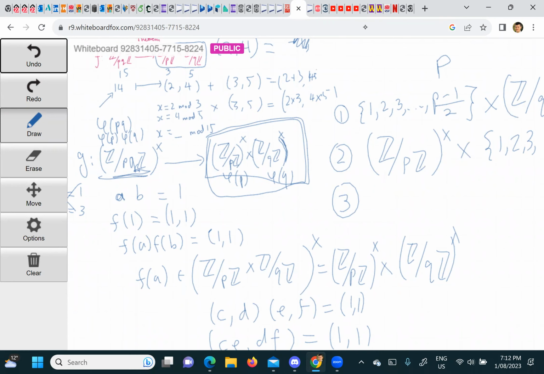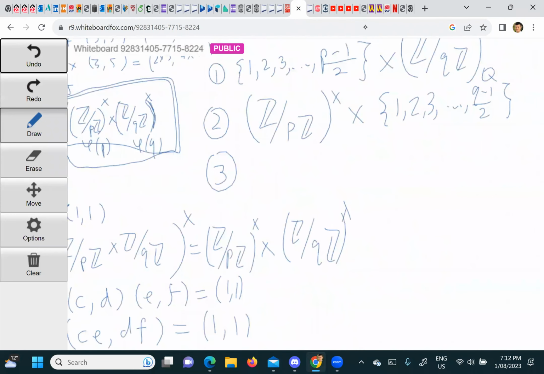So we take the set from 1, 2, 3, all the way up to PQ minus 1 on 2, but we only want the invertible ones. And we want to take the image of that under the function, so these are actually pairs.